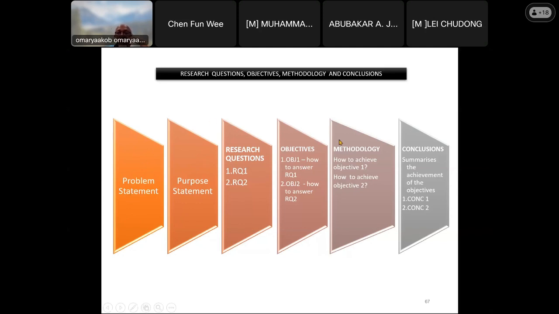Research question, objective, methodology. These are all wajib, compulsory. Purpose statement and hypothesis are just sunat, which is highly recommended. If you don't have them, you also can, but if you have, so can. Purpose statement and problem statement are actually the same thing. It's just saying that there is nobody who has done it, so my purpose is to do it.